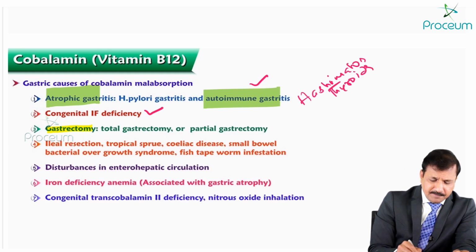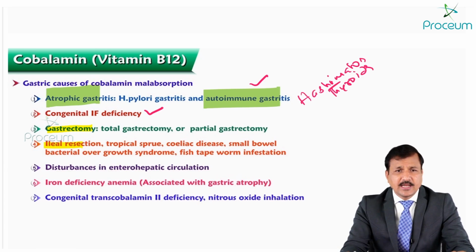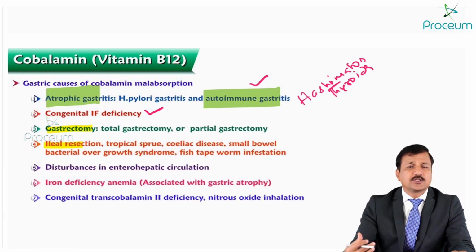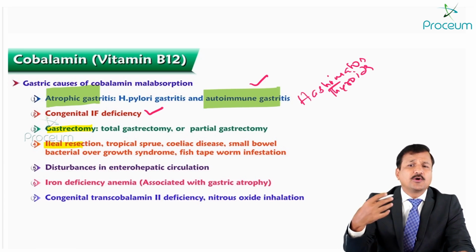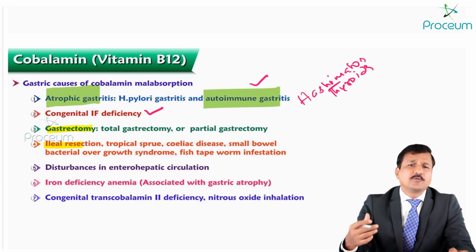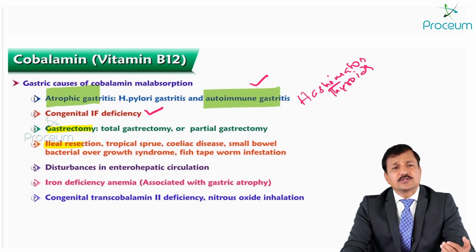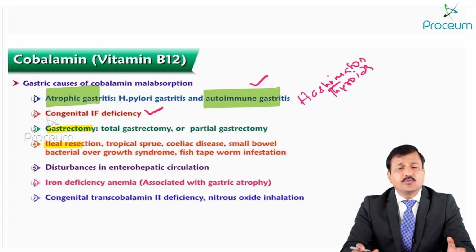Or it can be ileal resection, where a part of the ileum is taken out, or it can be tropical sprue, celiac disease, small bowel bacterial overgrowth syndrome, or fish tapeworm infestation, any parasitic infestations which will bind with vitamin B12. All this can lead to vitamin B12 malabsorption.